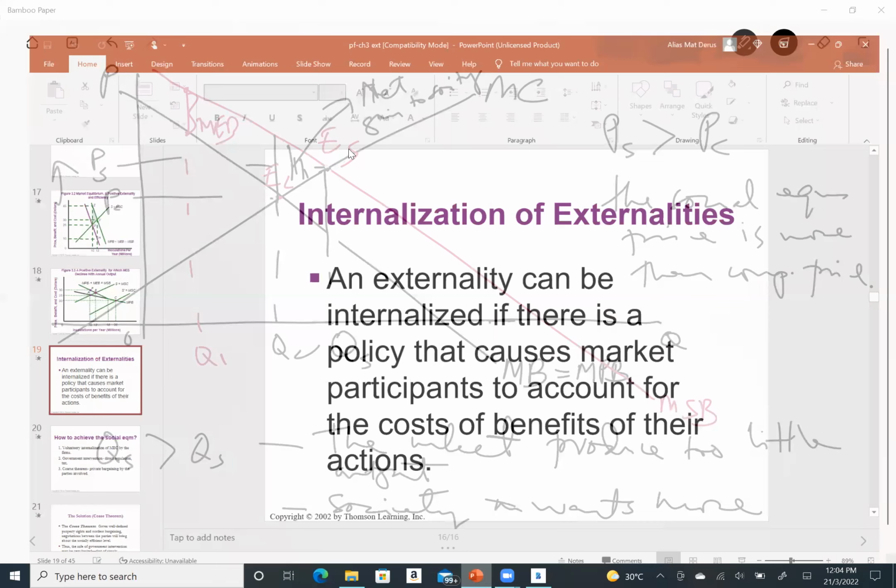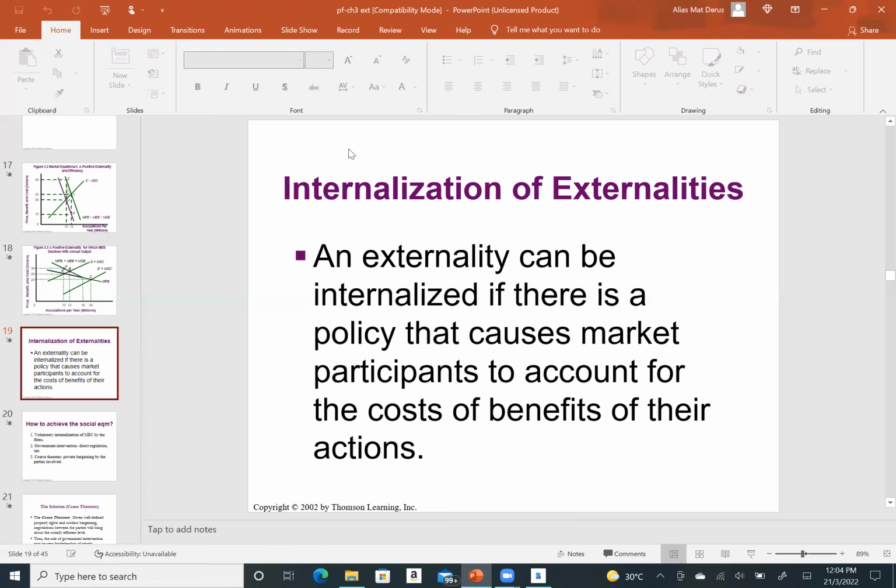How do we actually take into account the externality? If it is for firms, how do firms take into account the external costs? If negative consumption externality, the smoker, how do the smokers who smoke the cigarette take into account that external cost incurred to other people?